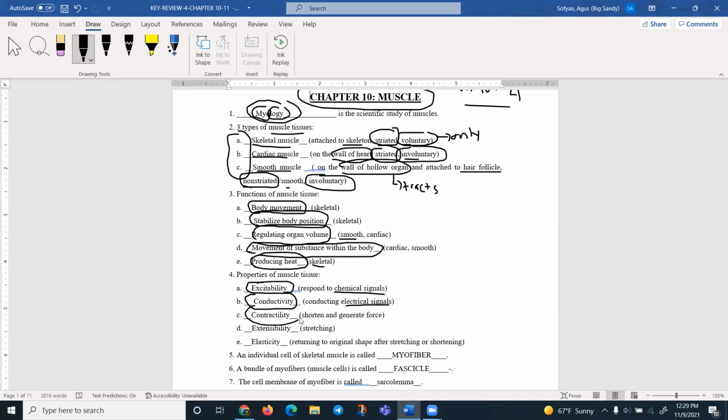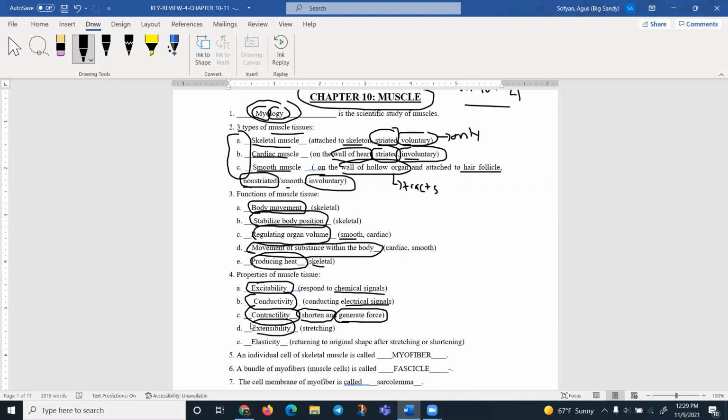Contractility, of course, this is the main property of muscle. It's able to contract. What does contract mean? It means the muscle becomes shorter. When the muscle shortens, then it will generate the power, the force.